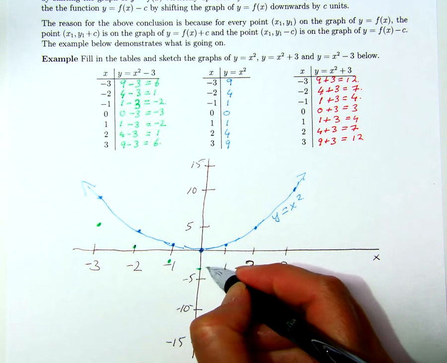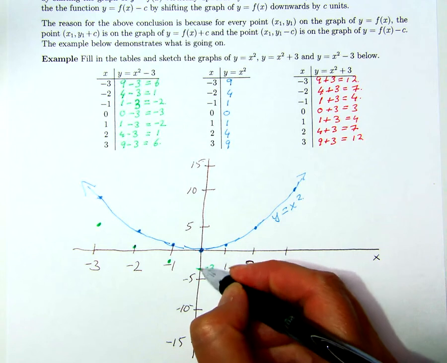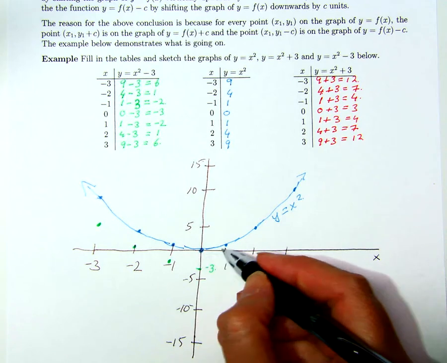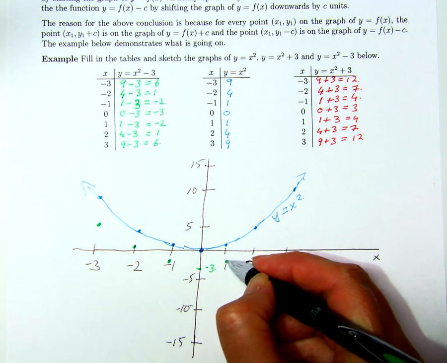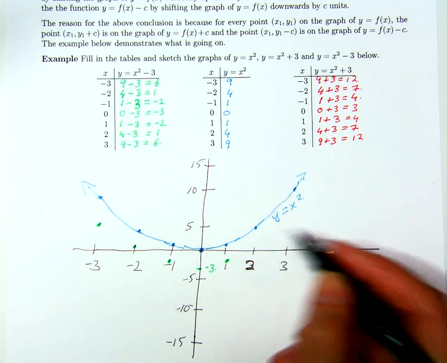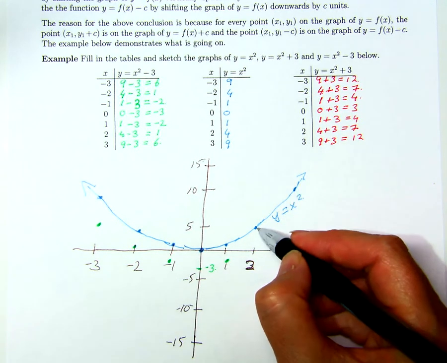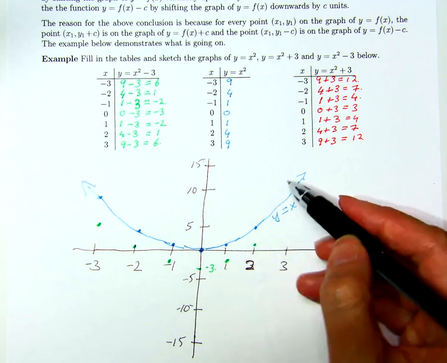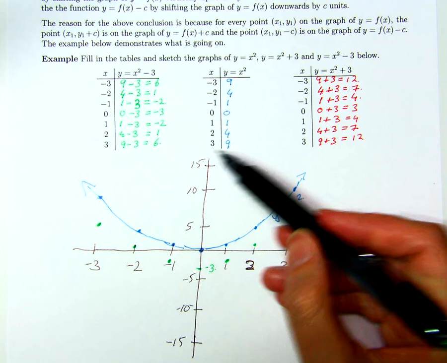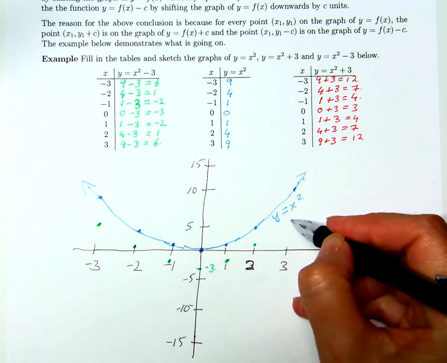And it cuts the y-axis at -3, 3 points below where it cuts here. And I have when x is 1, y is -2, when x is 2, y is 1. And again I have the symmetry here, when x is 3, y is 6.